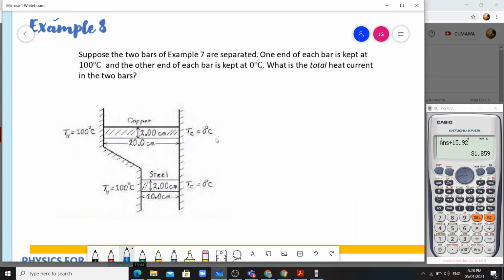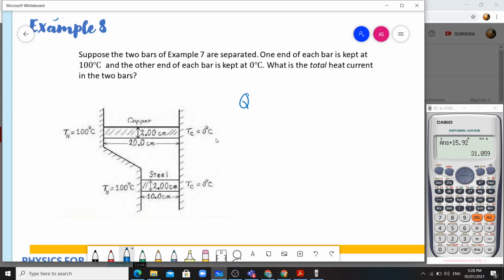Suppose the two bars of example 7 are separated. One end of each bar is kept at 100 degrees Celsius and the other end of each bar is kept at 0 degrees Celsius. What is the total heat current in the two bars? Okay, so magkahiwalay sila.